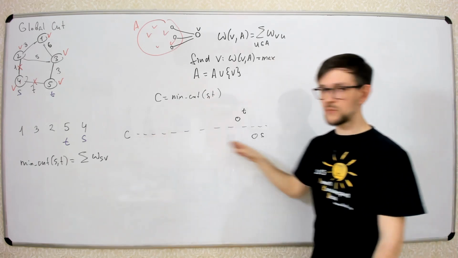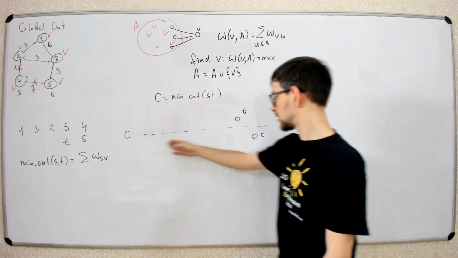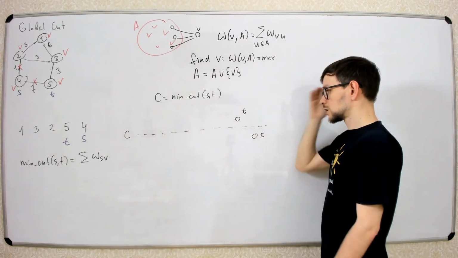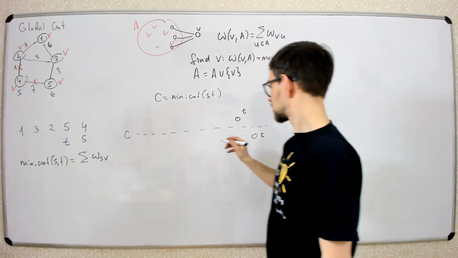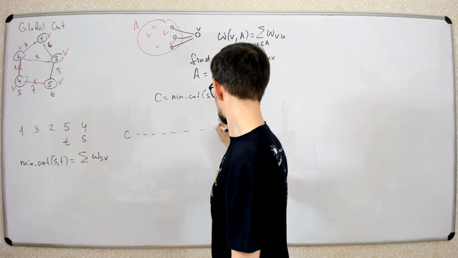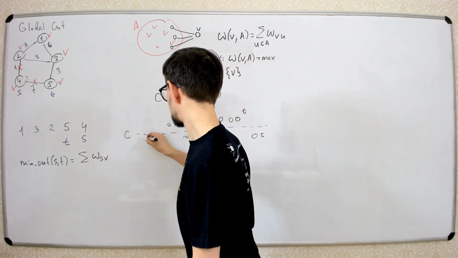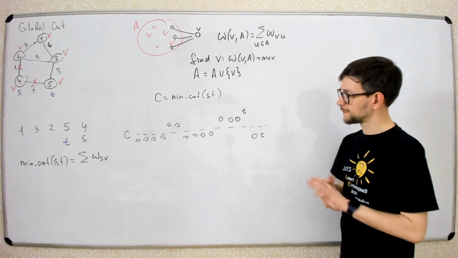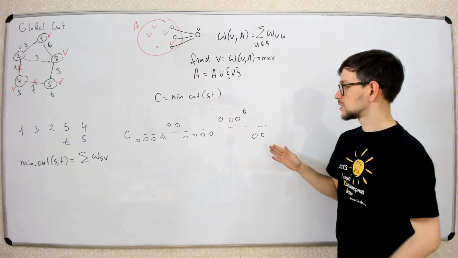Let's look at all the previous nodes in this order. Again, I draw these nodes in the order I select them. I go from left to right, adding the nodes to my set A. So I have something here, here, here, here.